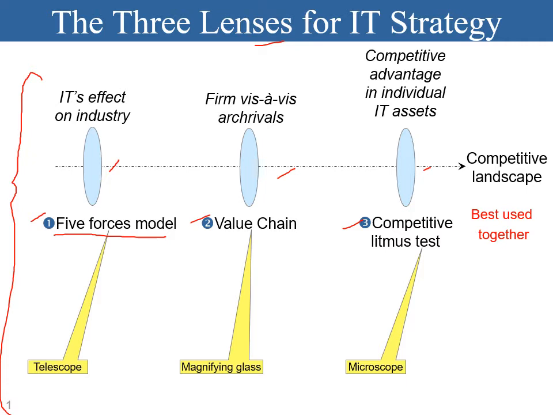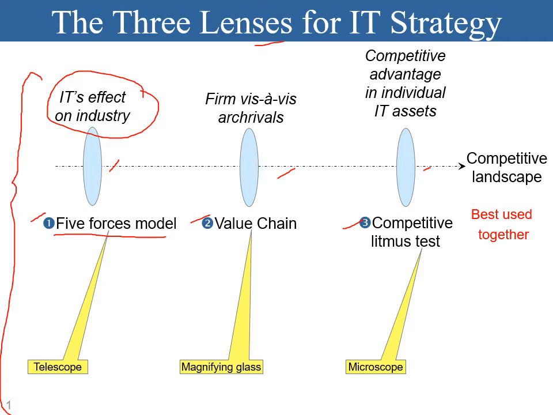Okay, it basically helps you understand how IT is altering the rules of competition for every company in your industry, including your archrivals. Okay, so from here you can see how IT is affecting the entire industry, right?